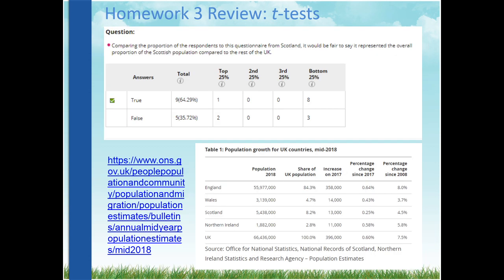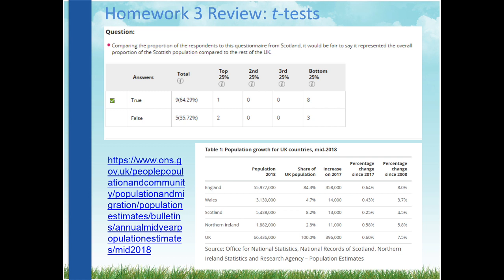The next question, and this one was, I think, challenging because you had to find the report and make the judgment based on this. So comparing the proportion of respondents in this questionnaire to the actual population of Scotland, is it fair to say that Scotland was represented overall in this study? So in the study, there was about 8.5% of folks from Scotland that were included in the study. Now, this was the link that I had given you guys told you to look up on there.